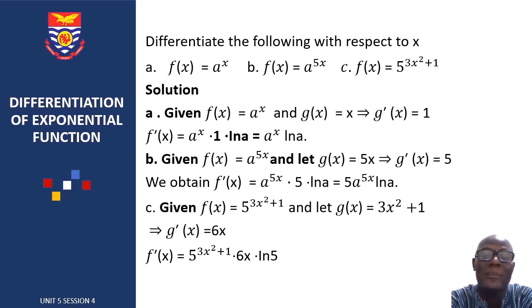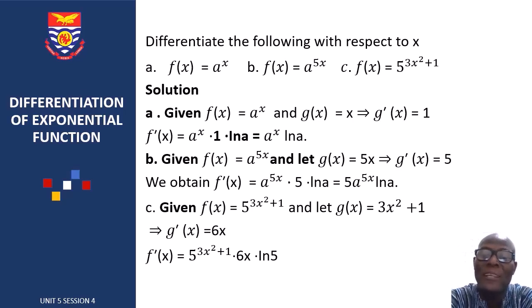B, for f of x equals a exponent 5x, we let g of x be 5x, so that the derivative of g of x equals 5. Now that we know the derivative of the exponent 5x, let's multiply 5 by ln of the base, which is a, so that we have 5 ln a.